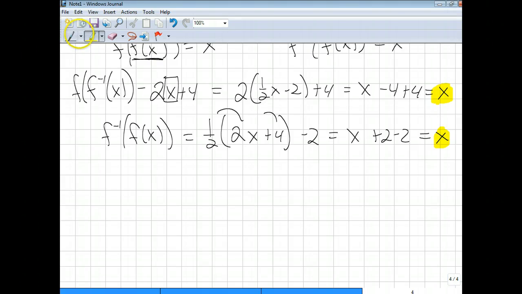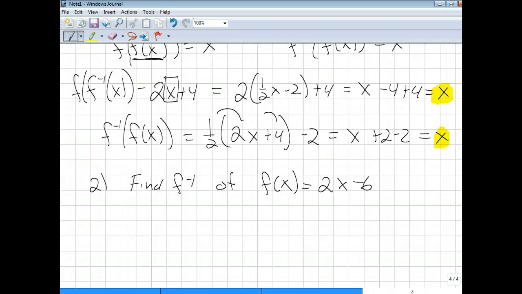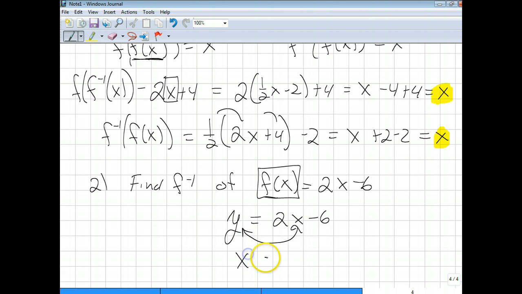Example 2. Find f inverse of f of x equals 2x minus 6. This is a linear function, so it does have an inverse. Step number 1, replace f of x with y. Step number 2, switch the x's and the y's. So it becomes x equals 2y minus 6.